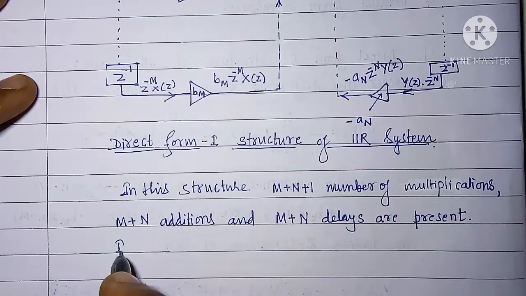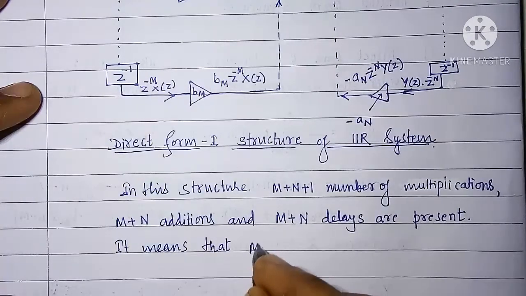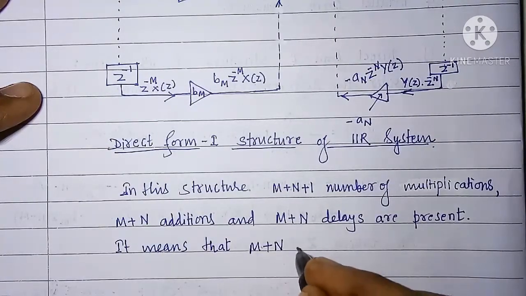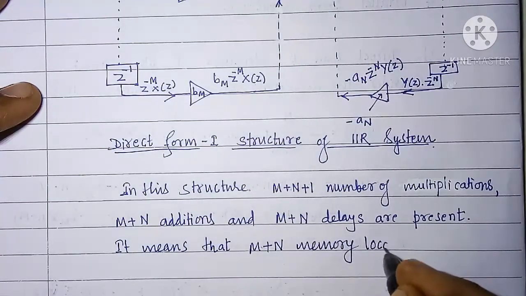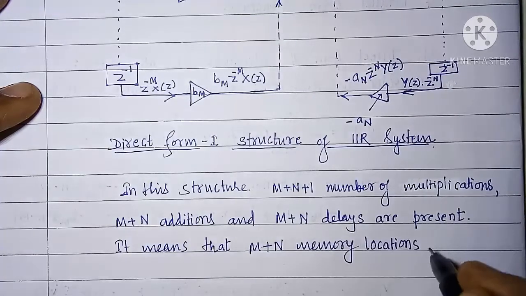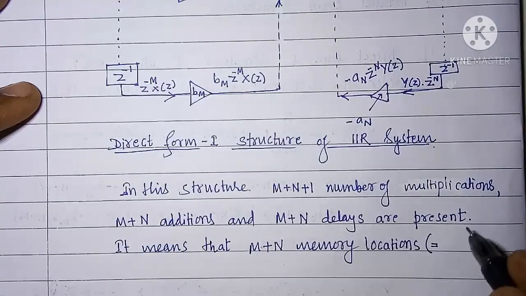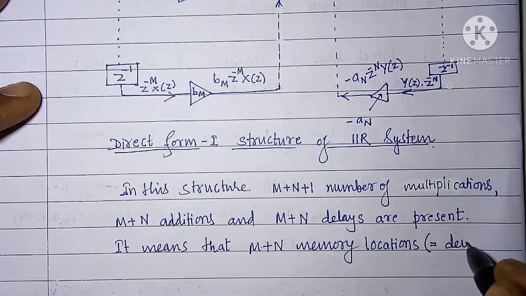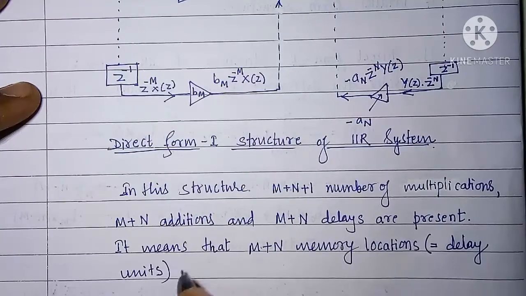It means that m plus n memory locations, in bracket you write, equal to delay units are required.